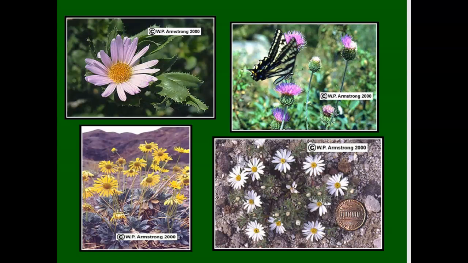Some of them have so many petals, like in the case of this thistle, that you can't even really see the center, but don't worry, that butterfly can certainly find the center. Having those two types of flowers together in that structure makes a big flat open landing surface. So daisies tend to be favored by butterflies because there's usually enough room for them to land. But again, sometimes these daisies are really tiny.